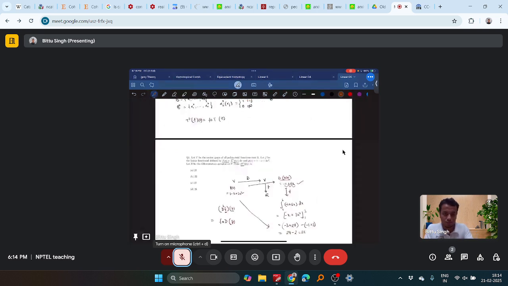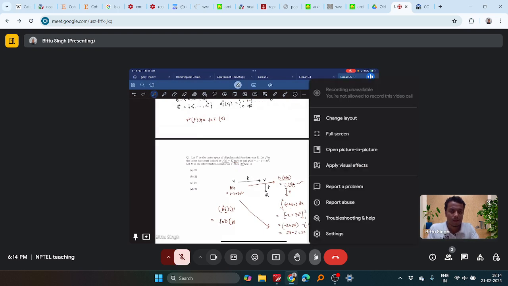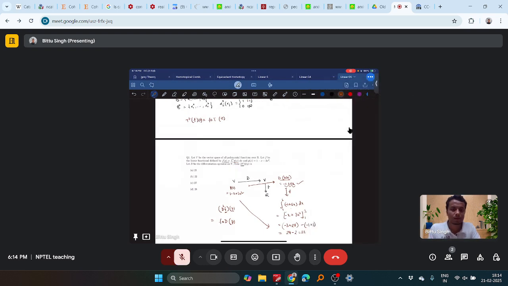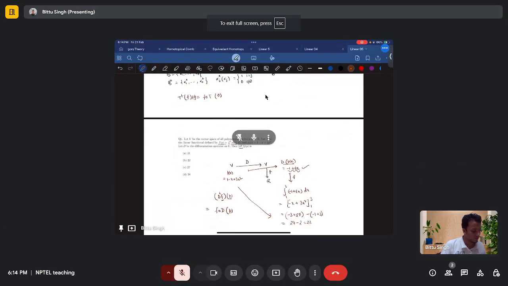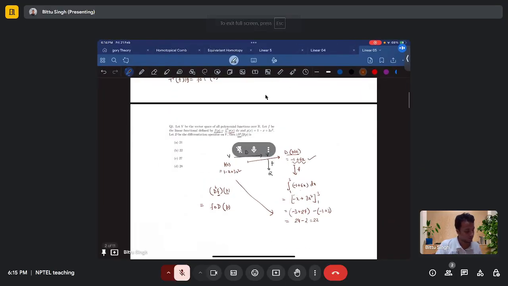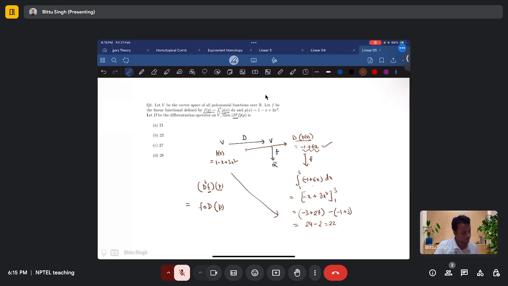Just see the relation between those two things. We have done the same thing, right? The calculation gives f compose D.